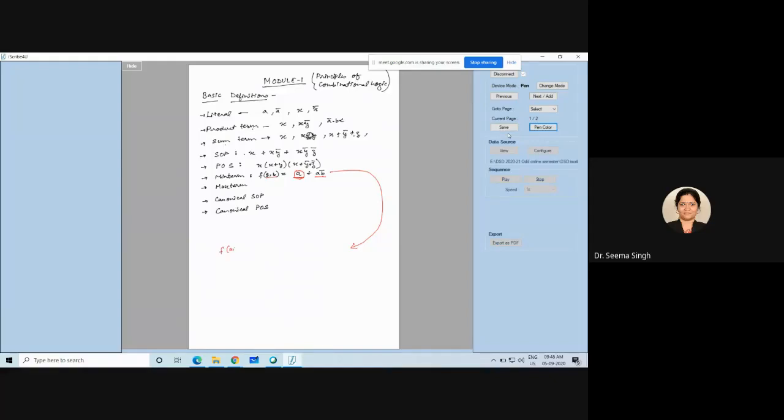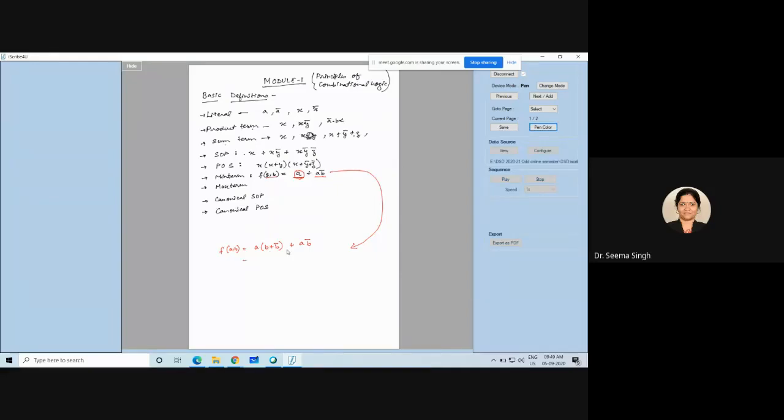This f of ab, if I multiply it with b plus b bar, I am not changing anything, because b plus b bar is 1 and 1 ANDed with a remains a. So I can multiply this without changing the actual value of the expression. The second term remains as it is. Only the first term I multiply by b plus b bar.